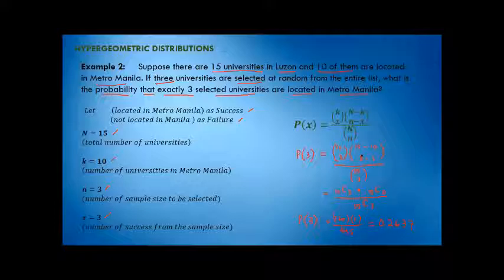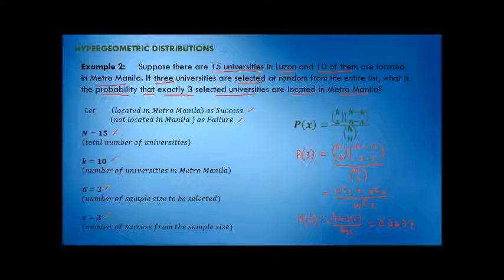So, again, kunin na natin yung sagot dito. 15 minus 10 is 5. 3 minus 3 is 0. So, input lang natin to sa calculator. Puro combination yan. This is combination of 10 taken 3 at a time times combination of 5 taken 0 at a time all over 15 taken 3 at a time.